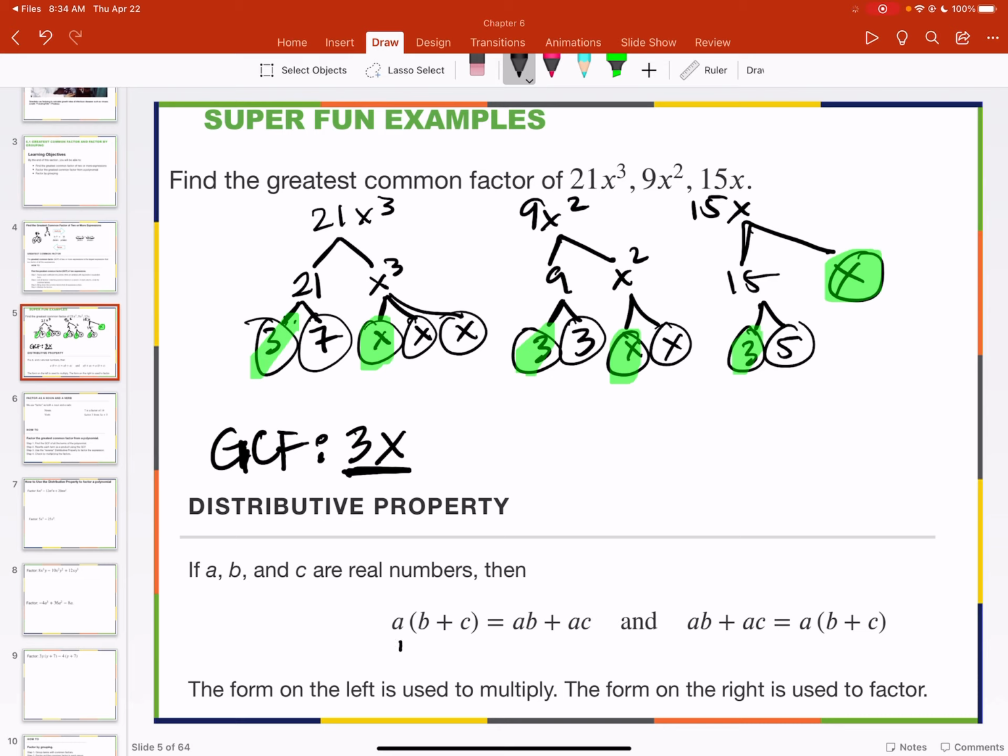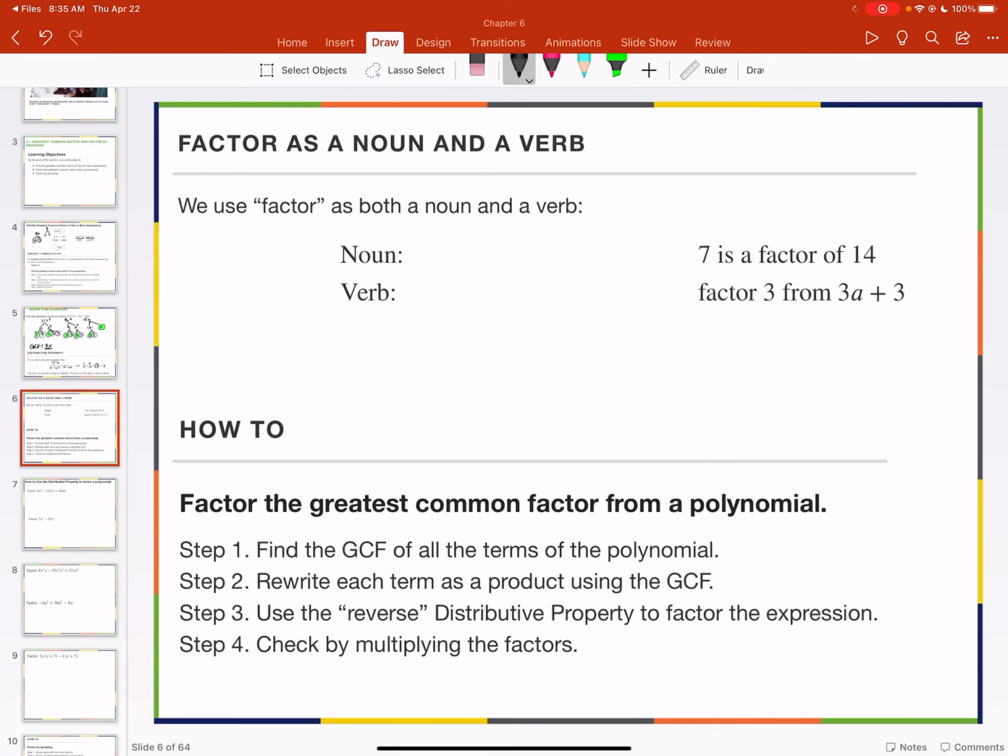If you have a number times a binomial or trinomial, basically a sum of other terms, you can distribute that when you're multiplying. It also works in reverse order. If you have a sum of two numbers where you have the same factor, you can factor it out, and you rewrite it using the distributive property in reverse.